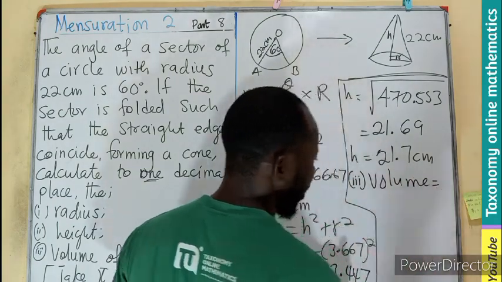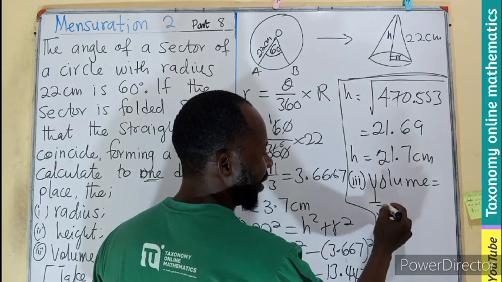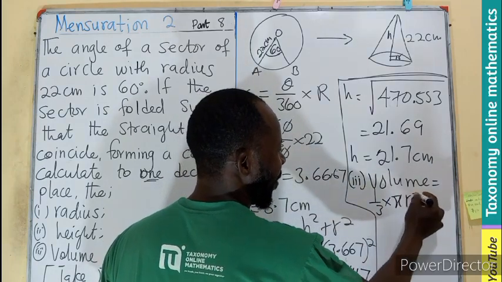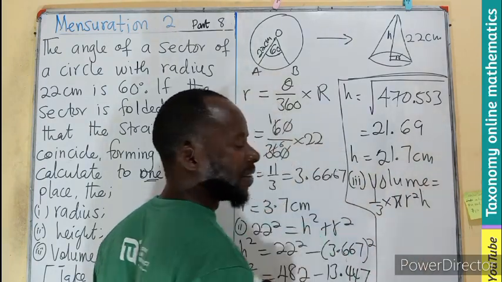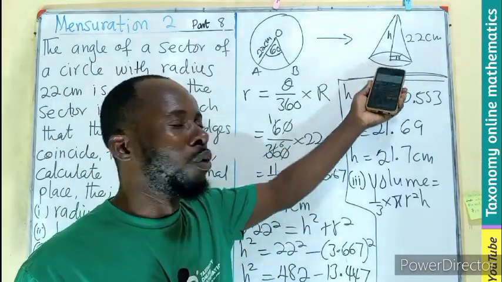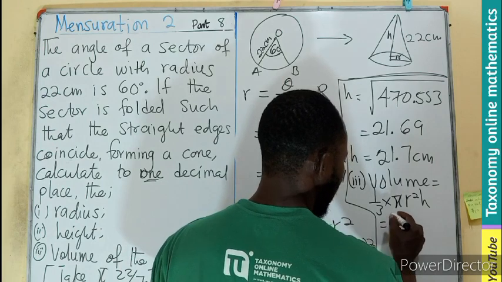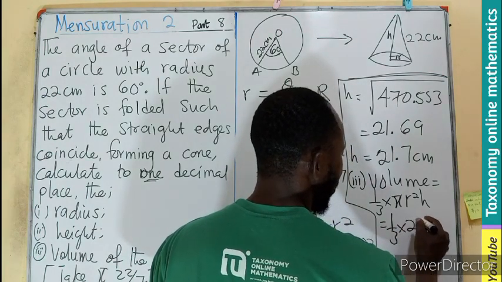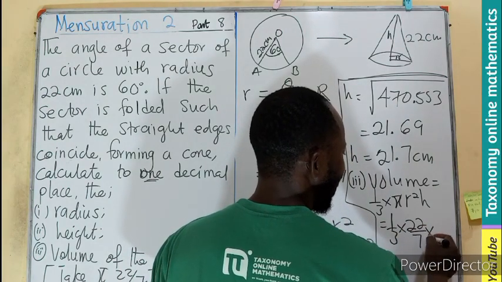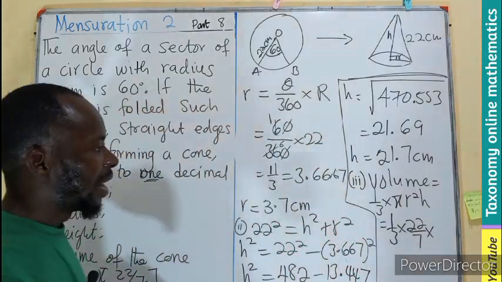If you follow us from the beginning, you know the volume is 1/3 times the base area times the height. The base area of this cone will be a circle. Therefore, I'll be having 1/3 times 22/7 times r squared.